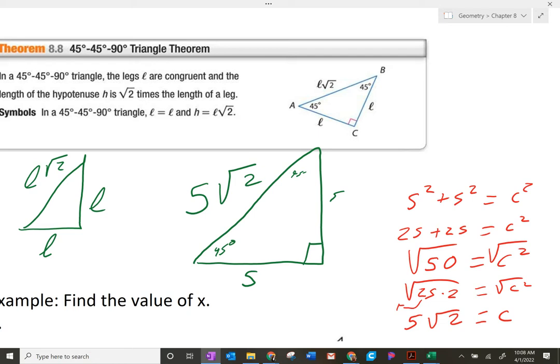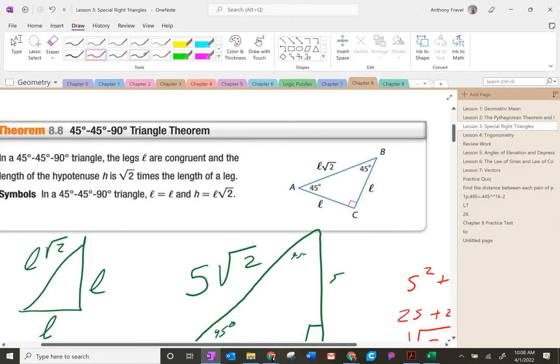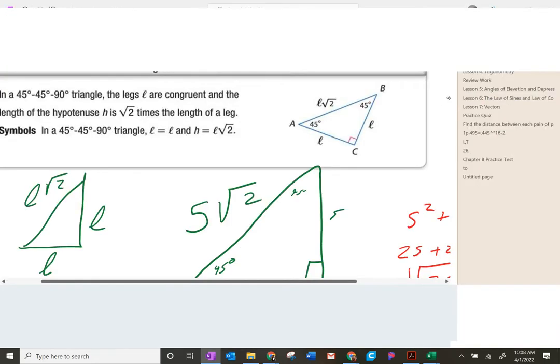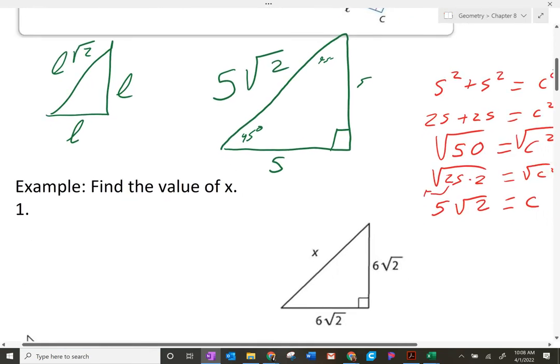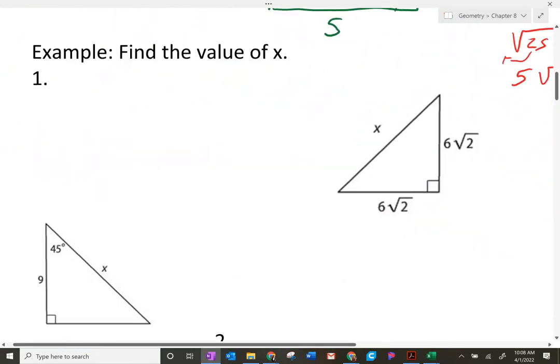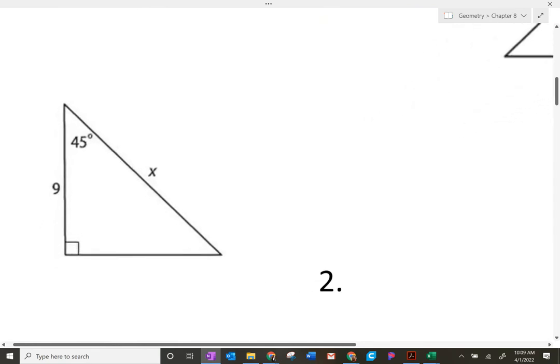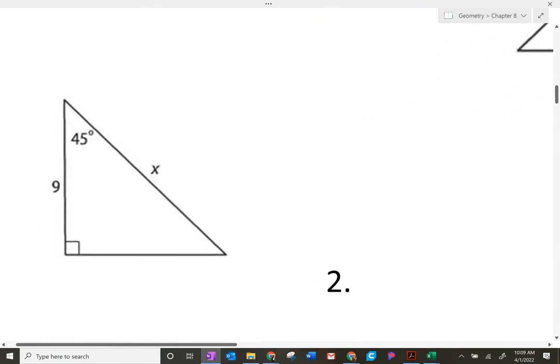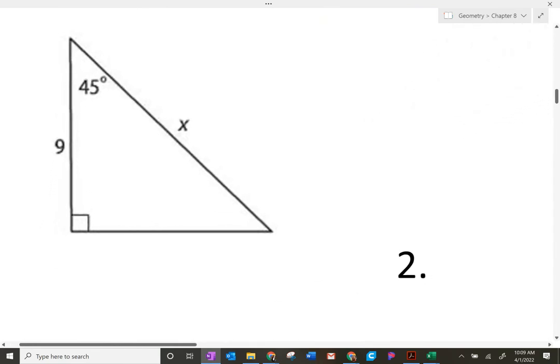Does that make sense? Feeling good? So we'll have a couple examples on this one, and then I'll show you the other one. So my very first example here, I've got this triangle. There's a right angle here, there's a 45 degree angle there.